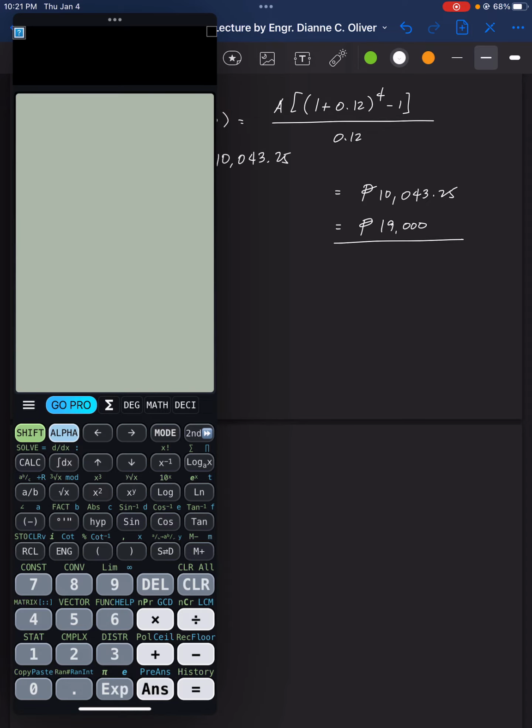So the annual cost for machine A now is equal to 29,043.25.